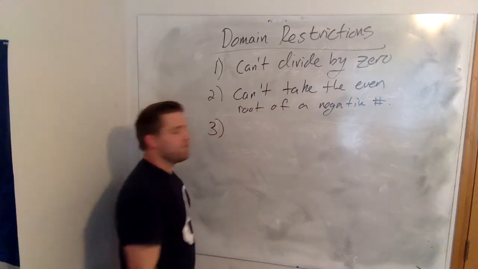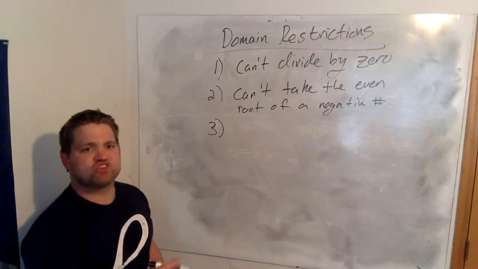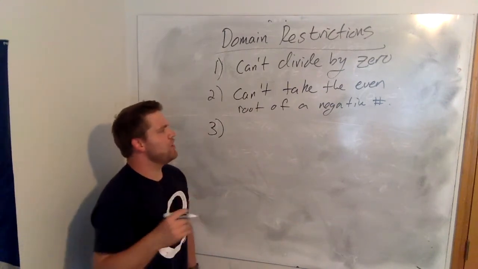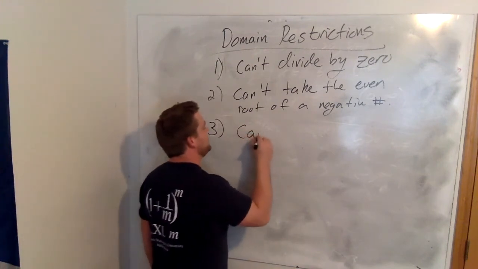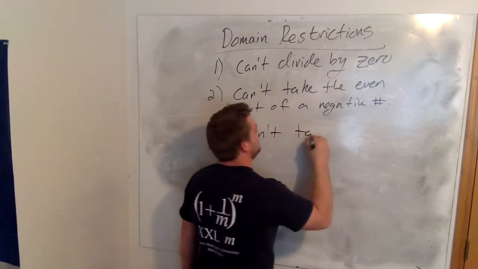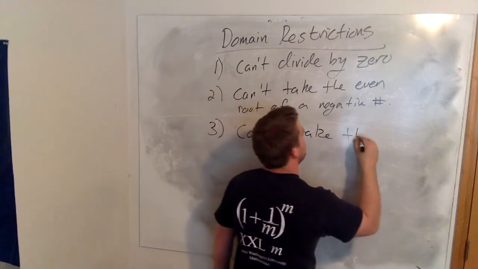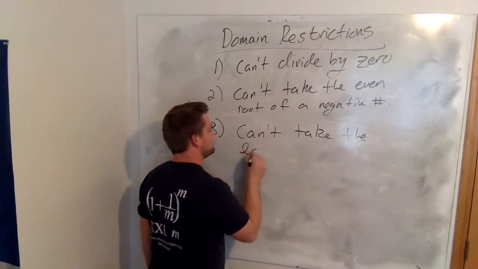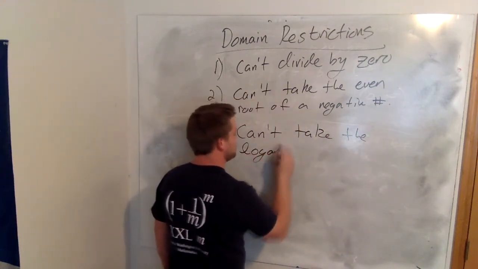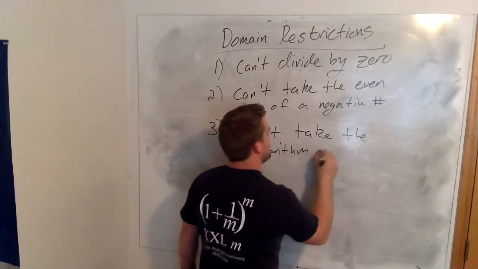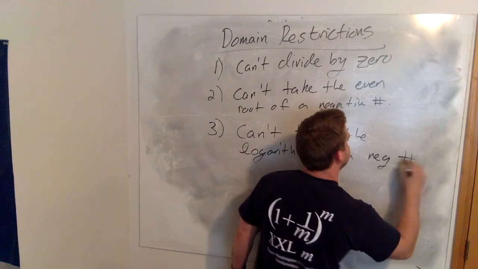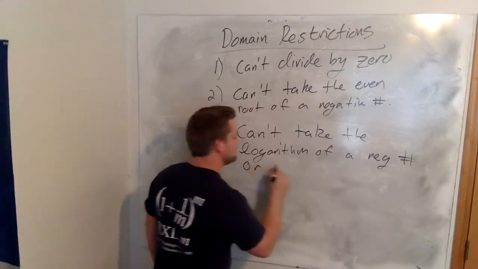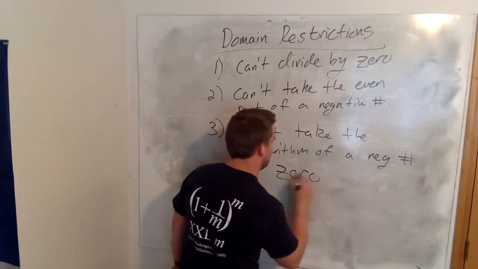Okay, we now have a new rule. Thou shalt not take the logarithm of a negative number or 0. What can't we do? We can't take the logarithm of a negative number or 0.